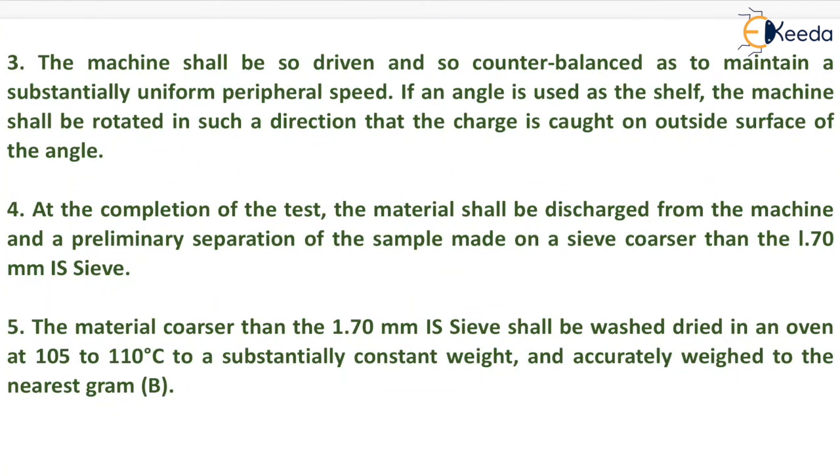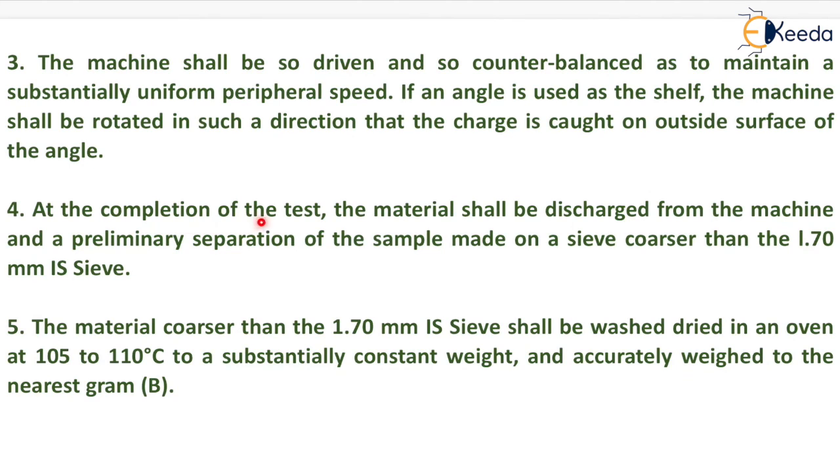Now the next step is the machine shall be so driven and so counterbalanced as to maintain a substantially uniform peripheral speed. If an angle is used as the shelf, the machine shall be rotated in such a direction that the charge is caught on the outside surface of the angle.